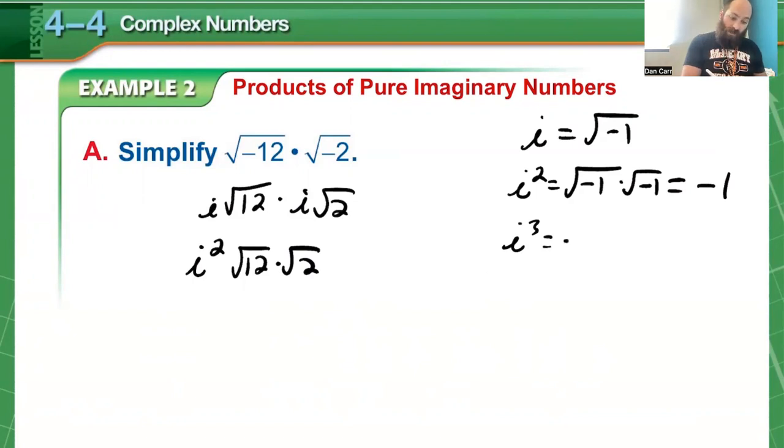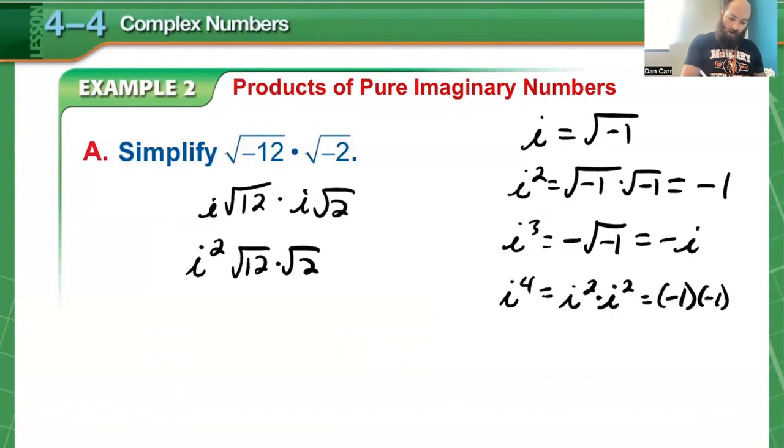You would end up getting a negative square root of -1, which is the same as -i. So we can simplify i to the third. i to the fourth is going to be like taking i squared times i squared. Well, we saw that that's -1 times -1, so that turns into a positive.